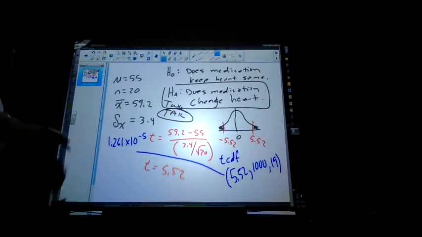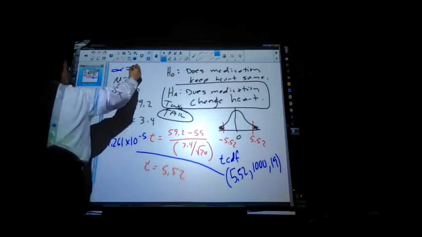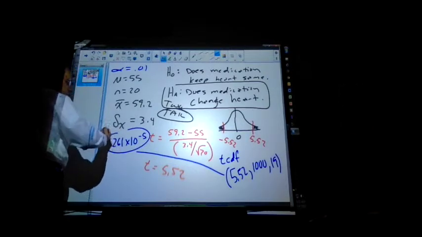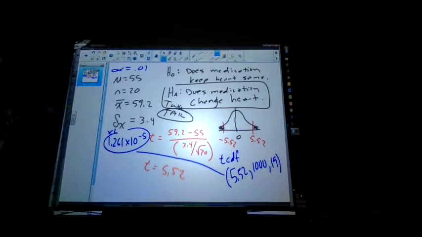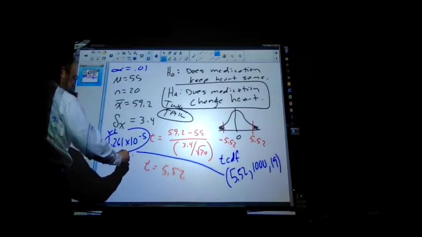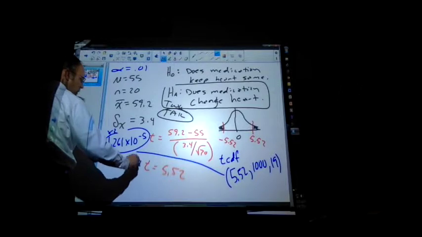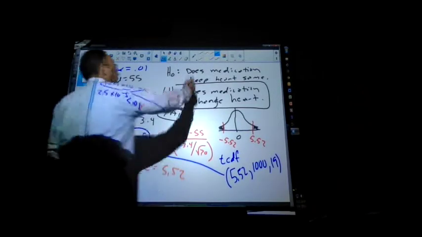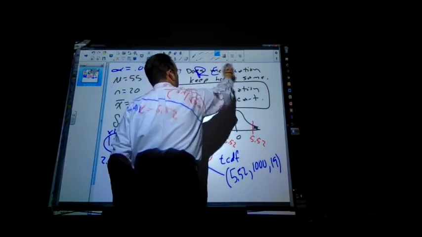We're checking this. Our alpha is 1%, so it's 0.01. If I were to double this, multiply it times 2, it's still going to be less than 0.01, because if you multiply by 2, it would have come out to be like 2.5 times 10 to the negative 5. And that is still less than 0.01, which means we reject.